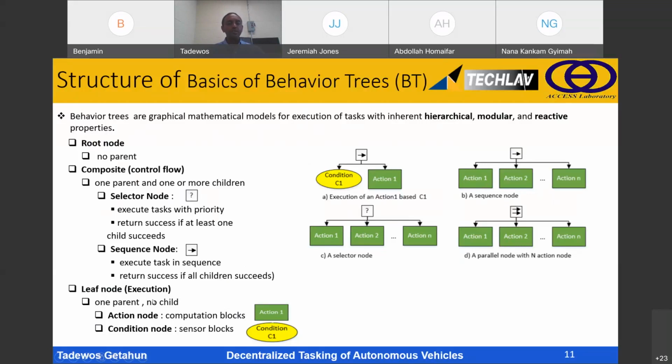For leaf nodes, we have action nodes and condition nodes. An action node is a computational block, or it can be an actuator for a robot. A condition node is the sensor block. It checks some condition and tells us whether it passes or not. In figure A, you can see that if condition 1 is okay, we can perform action 1.